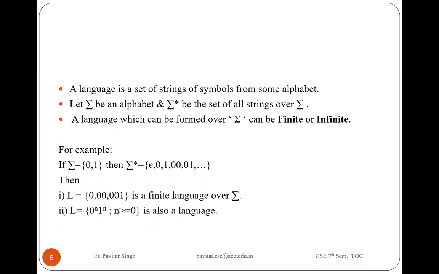So all these W1, W2, W3 will constitute one language. And in the second example, you can also write L is equal to 0 raised to power n, 1 raised to power n, for n greater than or equal to 0. It is again a language. I hope the concept of language is clear to you.